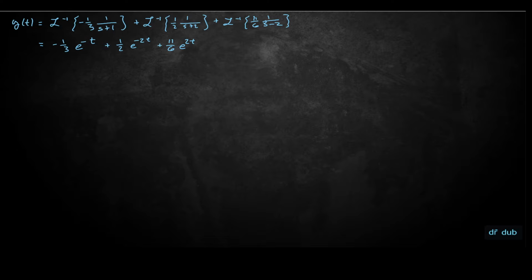And that is our solution to the differential equation, the initial value problem. Notice how we get the constants and we get the particular solution all in one. We don't have any extra work. It's pretty nice.